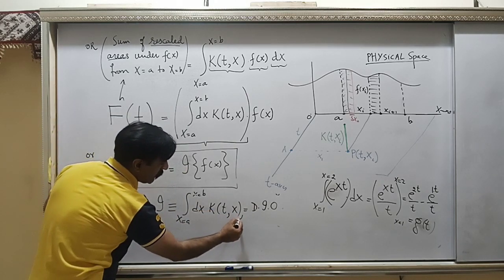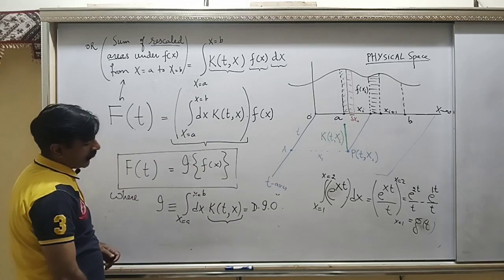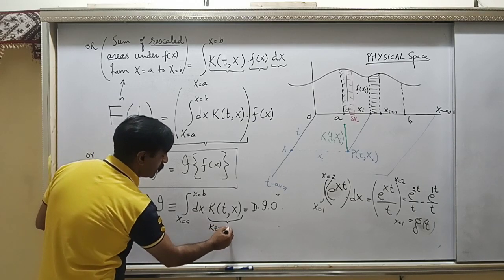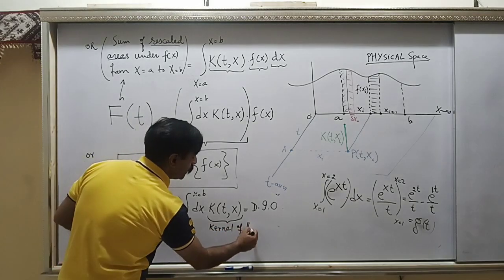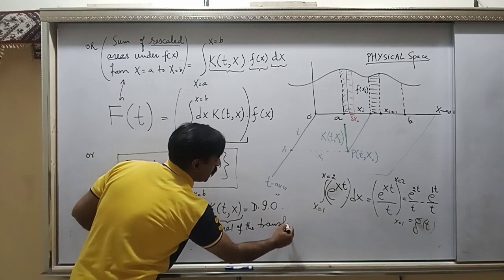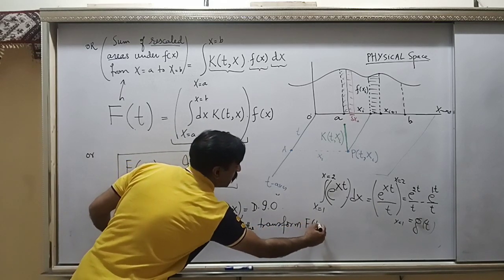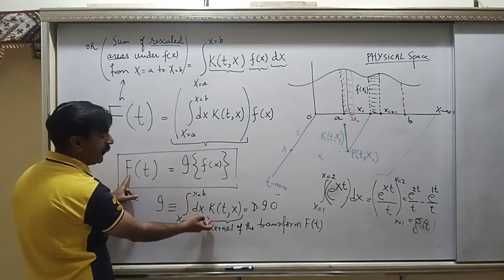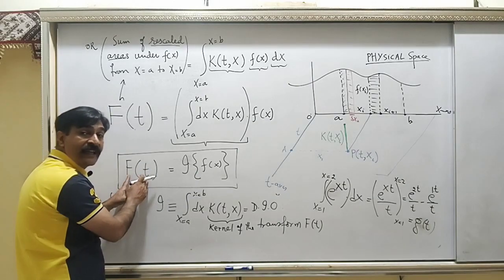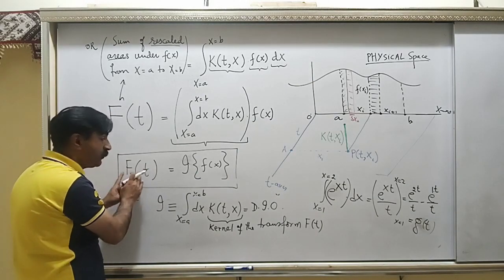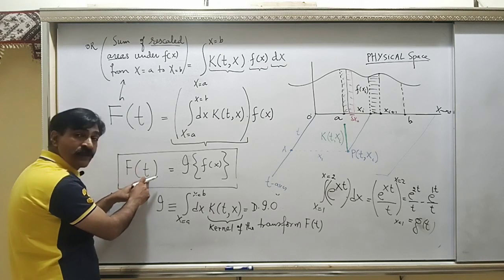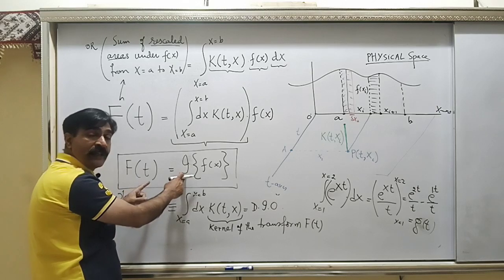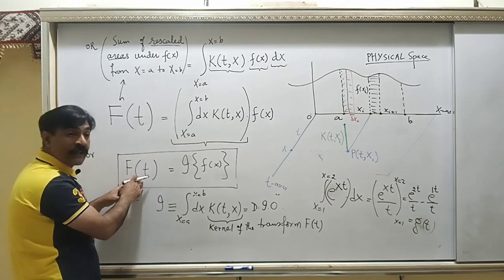Now there is some nomenclature: K(t,x) is known as the kernel of the transform. And what is the transform? F(t). This new function is known as the transform, and since it is obtained through an integral operator, it is known as an integral transform. Remember, the new function which depends on the new variable is the transform.